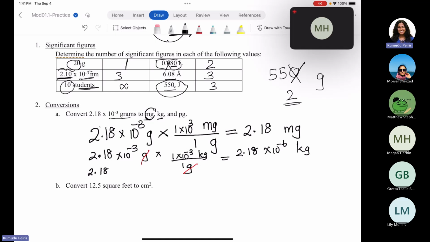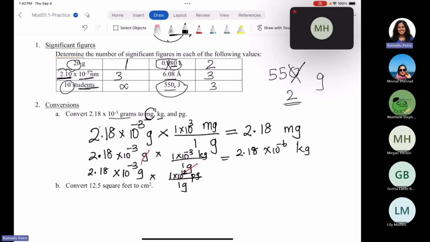Okay. So the next one, 2.18 times 10 to the negative third grams equals, again we'll get the relationship between grams and picograms. 1 gram equals 1 times 10 to the positive 12th picograms.